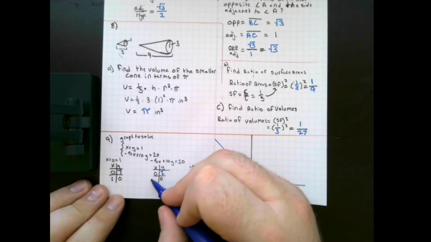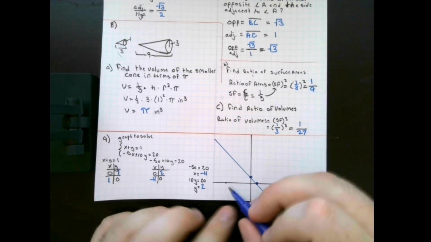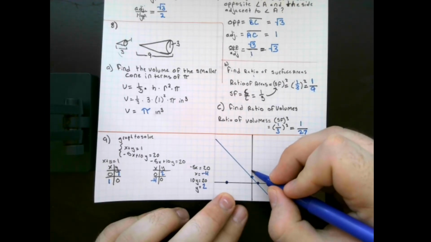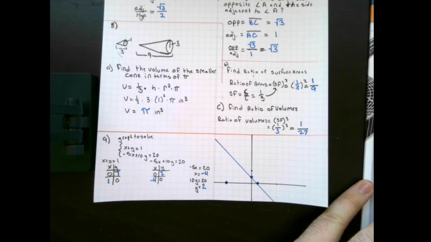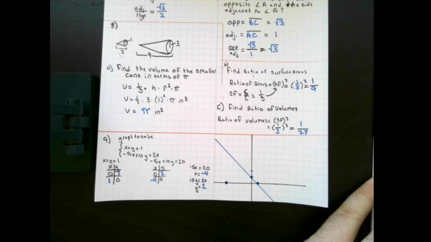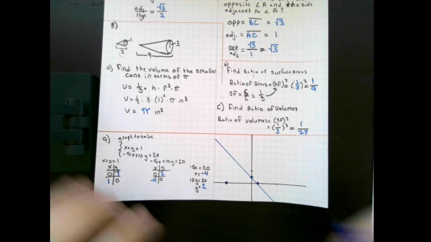So we'll have 2 and negative 4, which means we'll have the point out here at 1, 2, 3, negative 4, and 0, 2. Oh, I'm sorry.